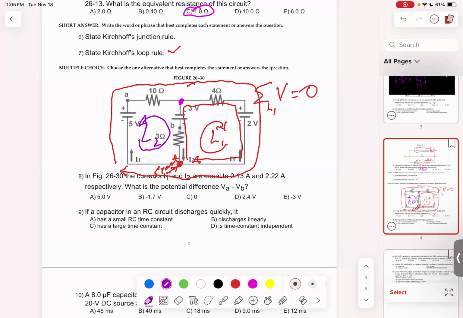When you travel in this inner loop, you might decide this direction might be your loop of choice, and make sure you figure out where your starting point is. Let's just say I started here. Where you start is completely arbitrary as well. We should get that the voltage drops across each one of those sum to 0 after we sum them all up.